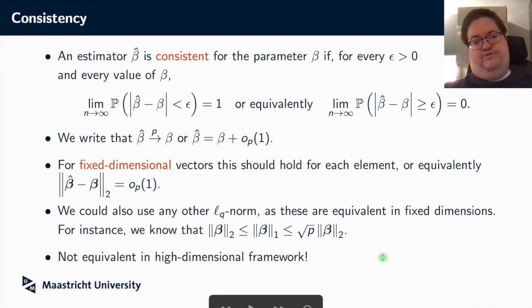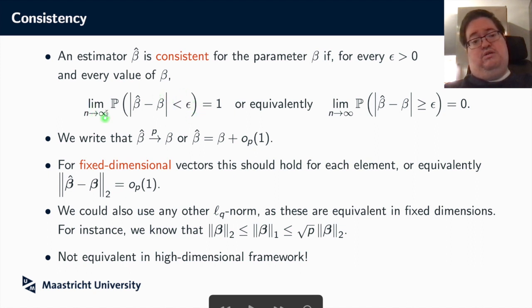Now, the most basic thing we can look at is consistency of an estimator. We want our estimator beta hat to be consistent for the parameter beta. When is that the case? Whenever the distance between beta hat and beta becomes smaller than epsilon with high probability.